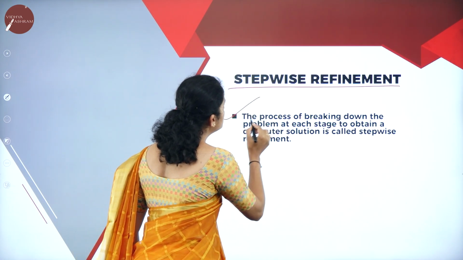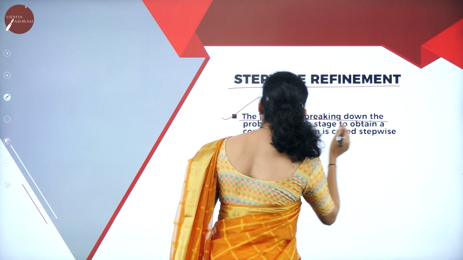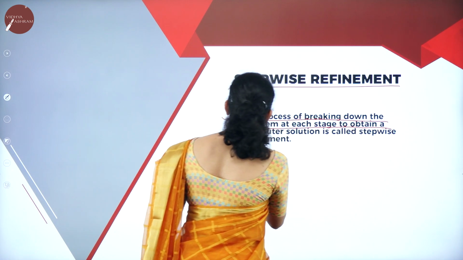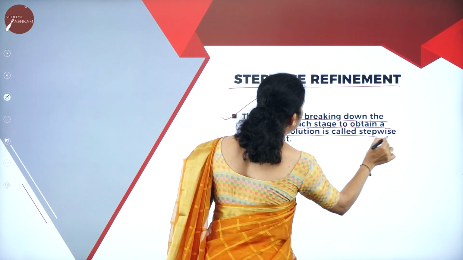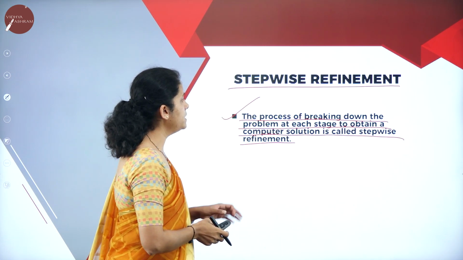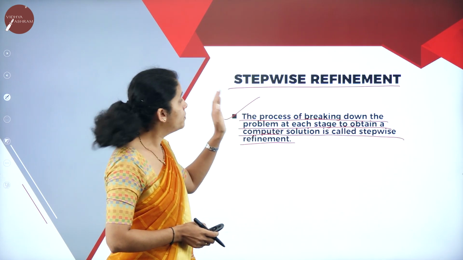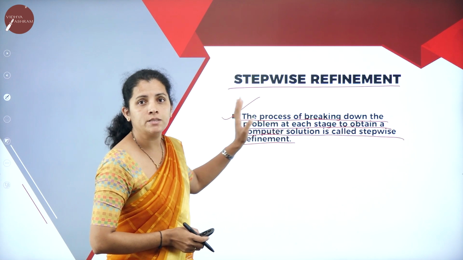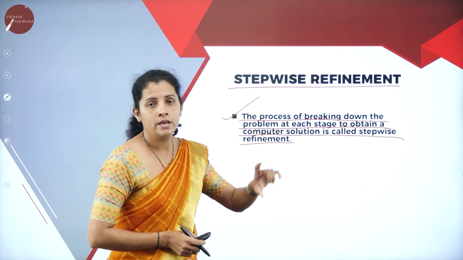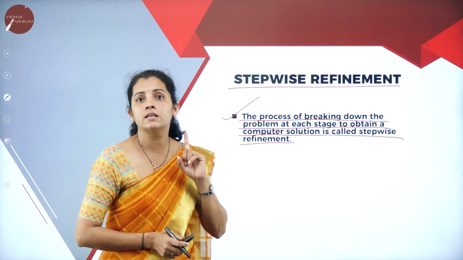So the process of breaking down a problem at each stage to obtain a computer solution is called step-by-step refinement. That means it is the process of breaking the complex problem into smaller steps in order to obtain the result.